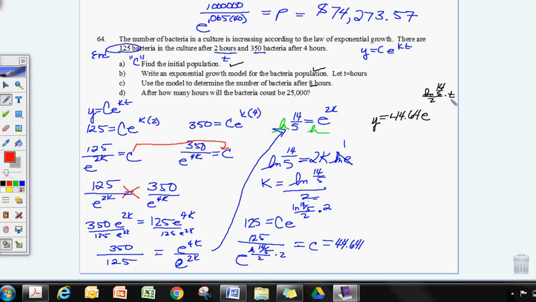Going on to part C, after 8 hours. I'm just going to plug in an 8 here. y would equal 44.641e^((ln(14/5))/2 times 8). Plug that into your calculator. Your y value should equal, I can't find my calculation, so I'm going to pause this for a second.